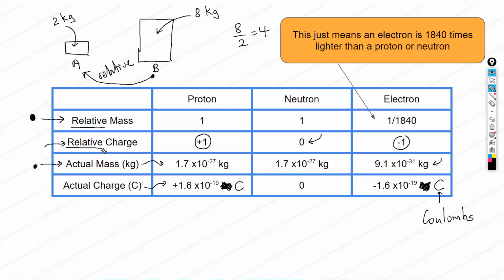Okay? Now here's the thing, right? If I scratch off the 2 kilograms and the 8 kilograms, and somebody now joins class, and I only leave the relative value, so all the great information is missing, and I tell them that block B relative to A is 4 times heavier.